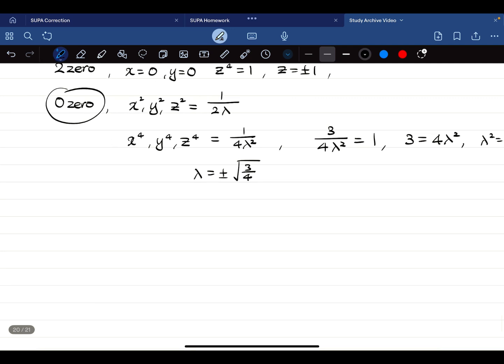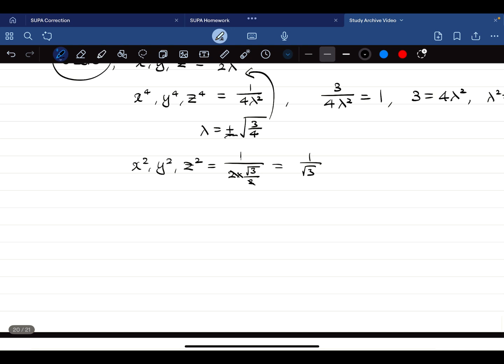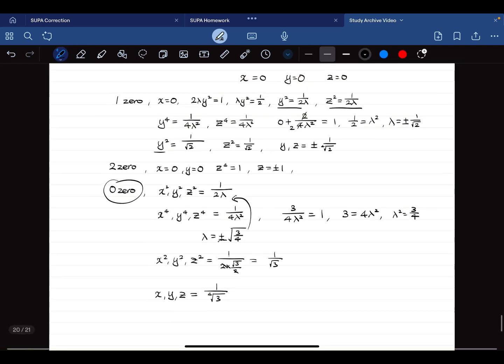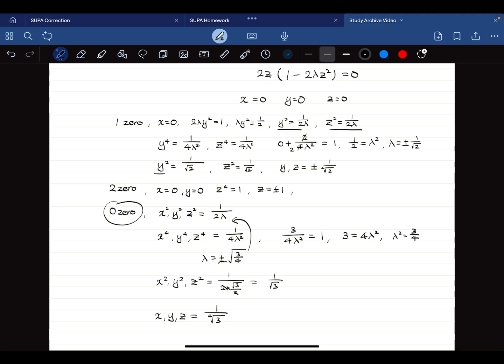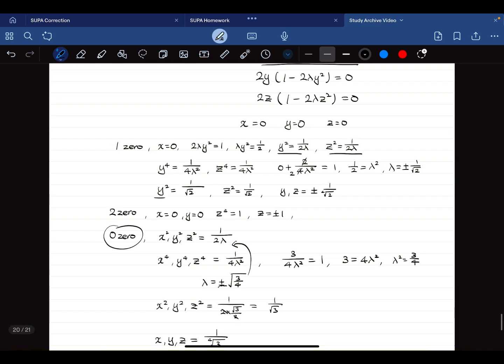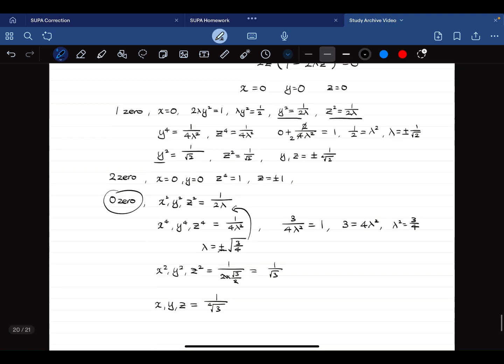Lambda is going to be plus or minus root 3 over 2. Let me just write it like that for now. So we can bring this back to each of the squares. And because it's a square, we know that this can't be negative. So 2 times root 3 over 2, get rid of the 2, it's going to be 1 over root 3. Because these are squares, x, y, and z are each going to be the 4th root of 1 over 3.